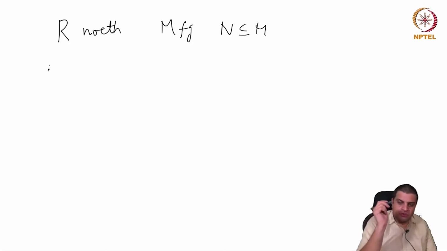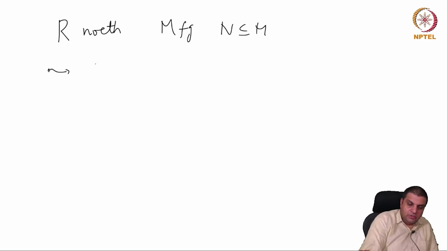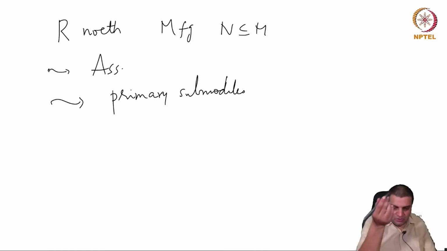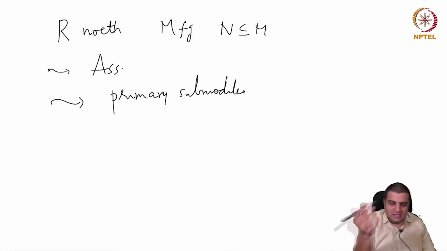So far, let me just summarize. We know what the notion of associated primes is. We know what primary submodules are. I mean, I shouldn't say we know, but we have actually seen them.